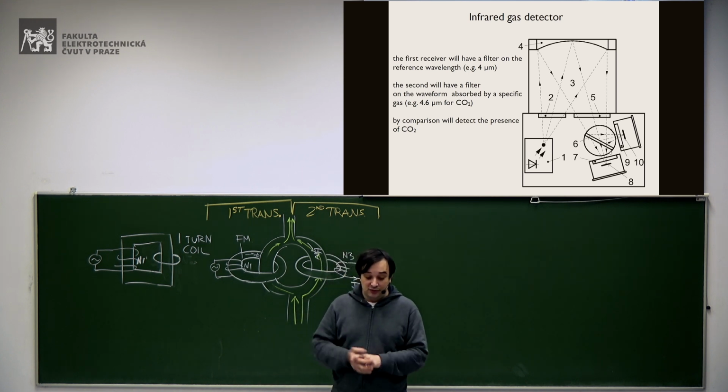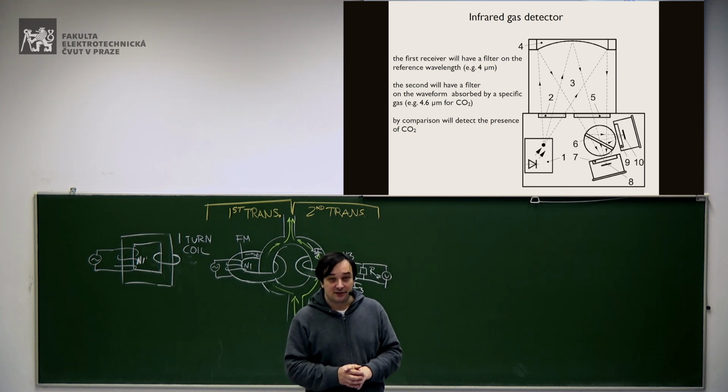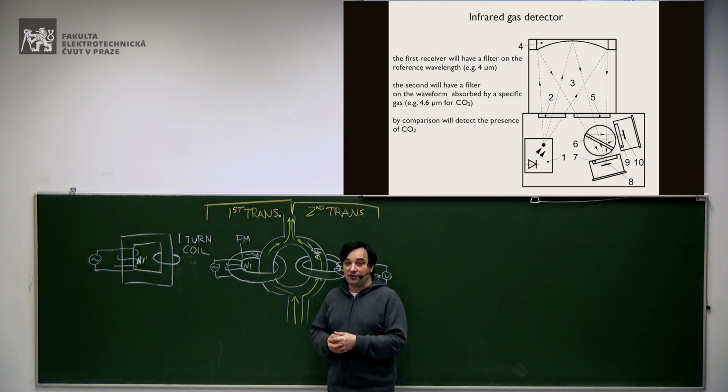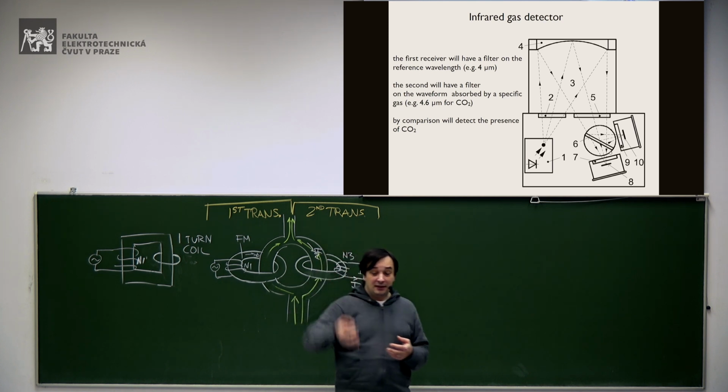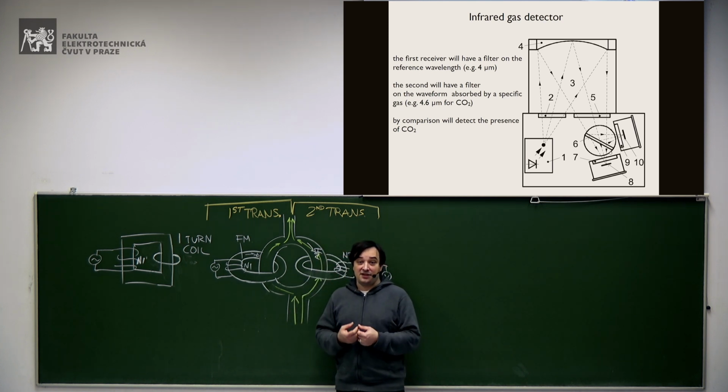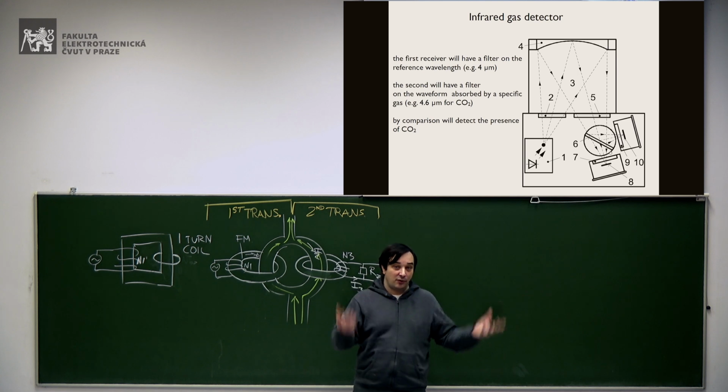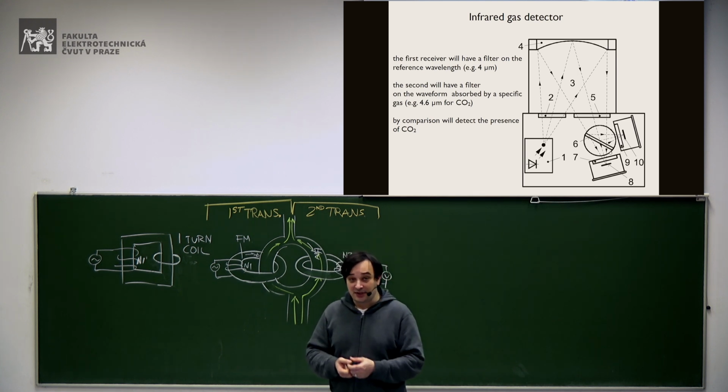While we use two different detectors, one at 4.6 and one at 4 micrometers, isn't it just enough to watch at 4.6 micrometers and observe when this amount of radiation decreases because it's absorbed by the carbon monoxide inside the chamber?